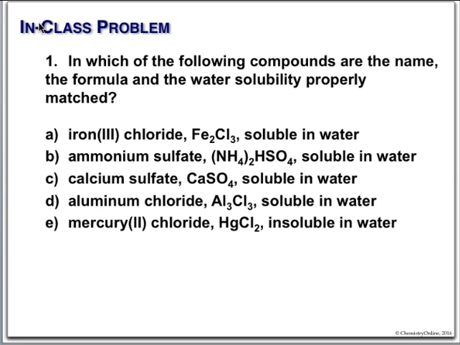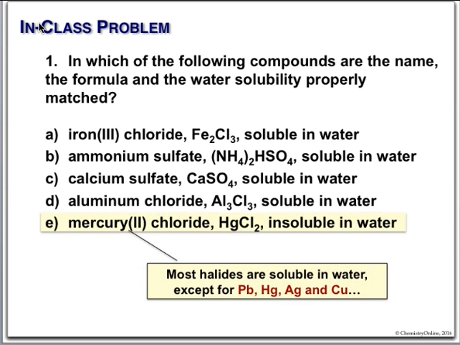Mercury here is a +2, so we would need 2 chlorines, and that works. Insoluble in water. Well, remember, most chlorides, most halides are soluble, except for mercury, silver, lead, and copper. A through D is the answer.